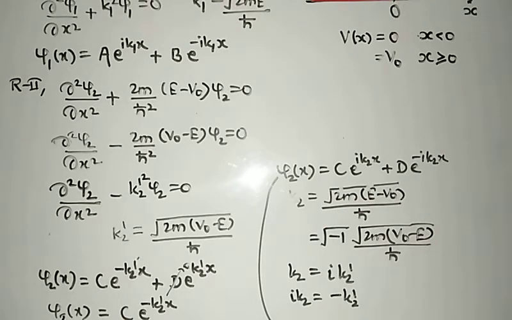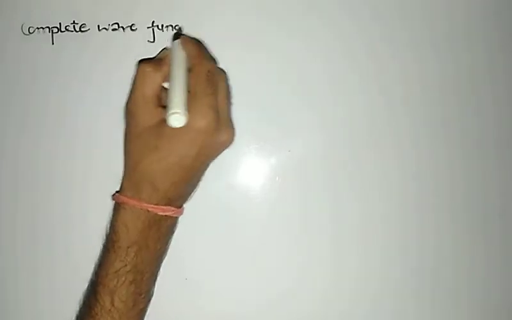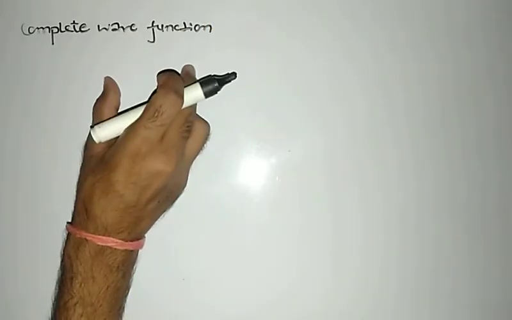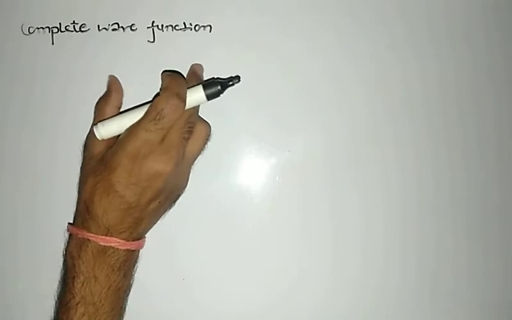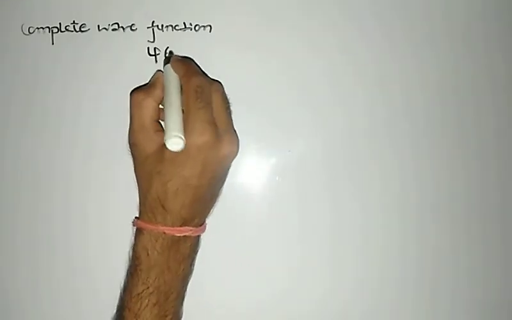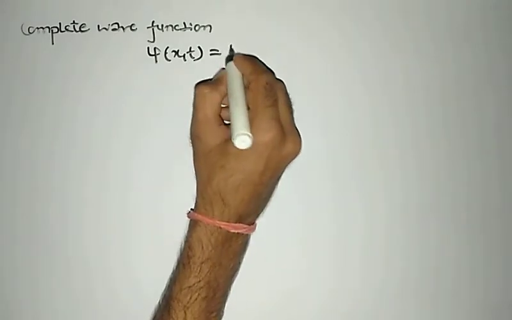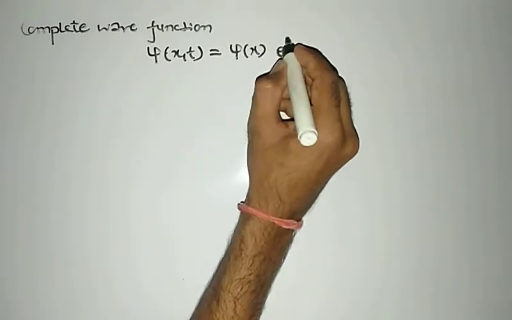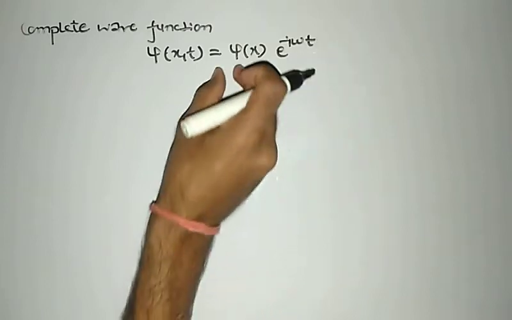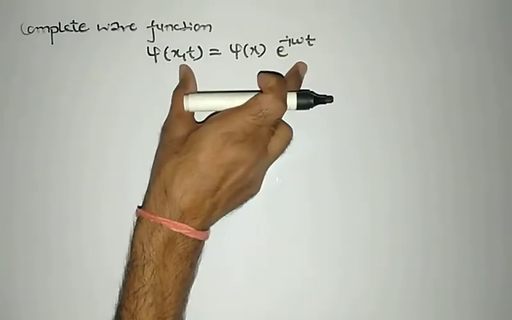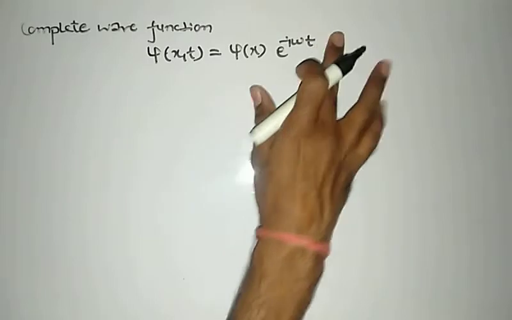Okay, so the complete wave function. We know that psi of x, t is psi of x times e to the power minus i omega t, separation of space and time. So we can write that also using this.